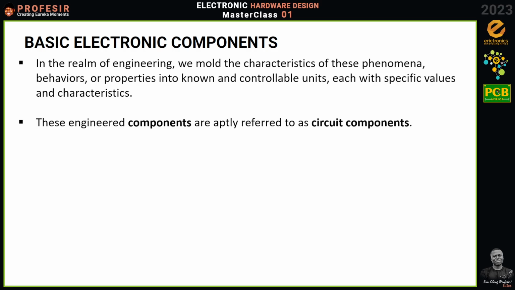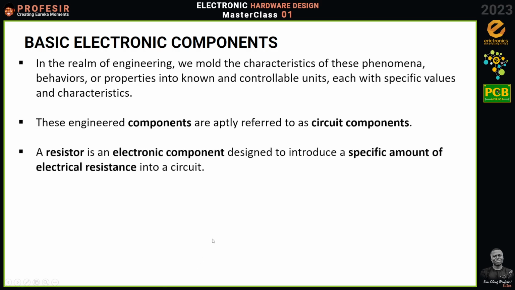So although we don't like resistance generally, we can put a controllable amount of it in our circuit, and this we do by packaging that controlled amount in components. We call these electronic components, and these are things that engineers specifically make.